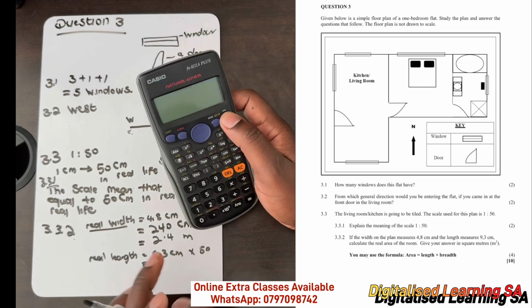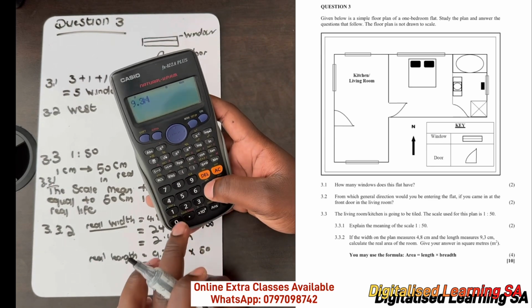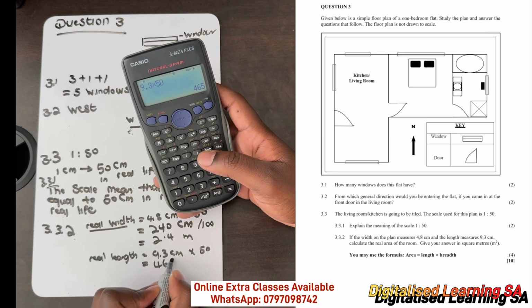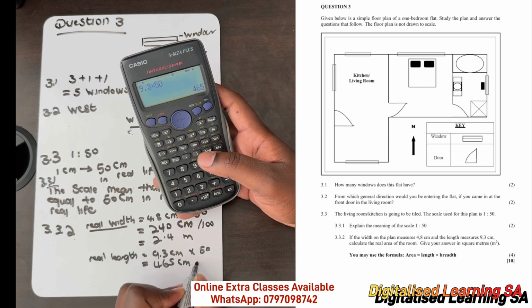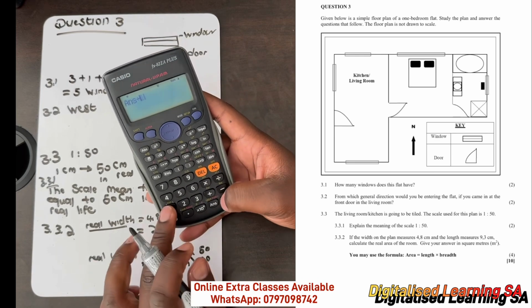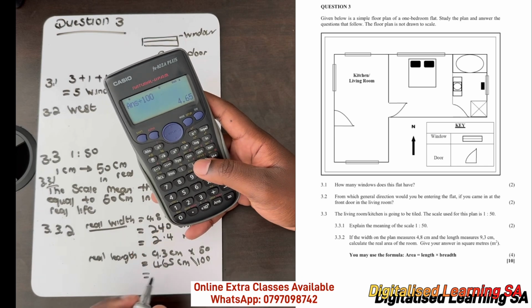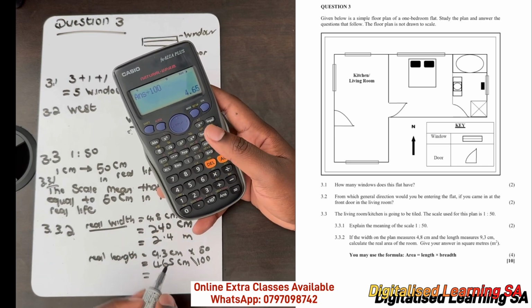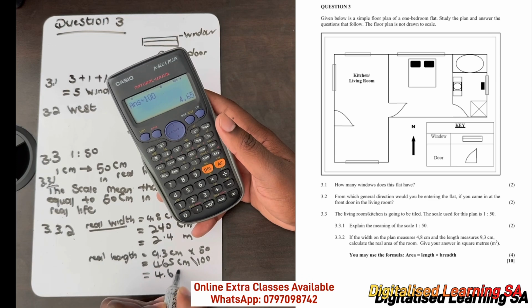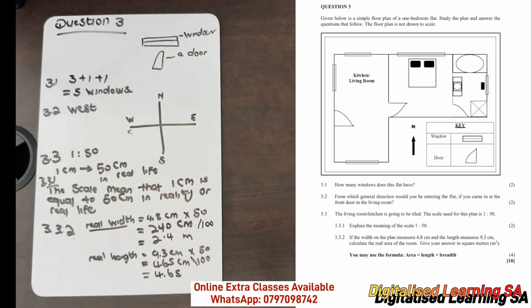If we multiply 9.3 by 50, we will get 465 centimeters. And if we divide by 100, we convert it to meters, and our real length will now be 4.65 meters.